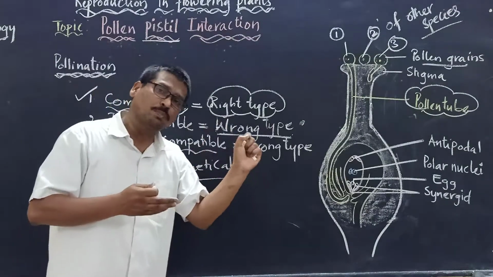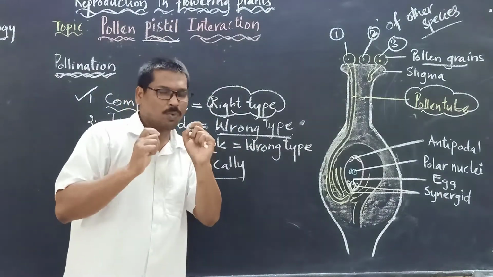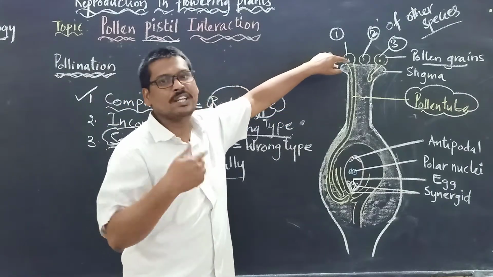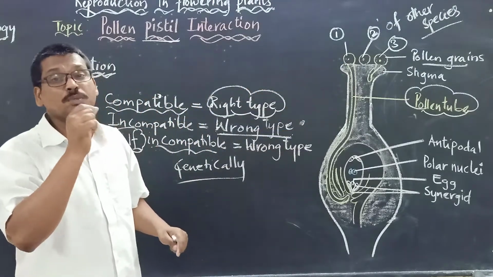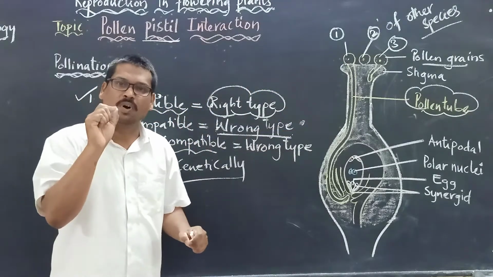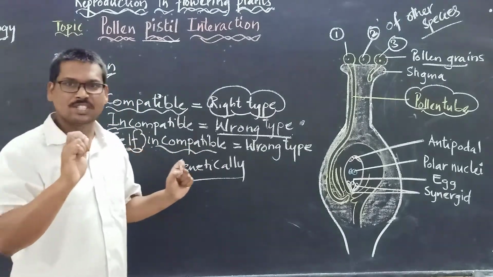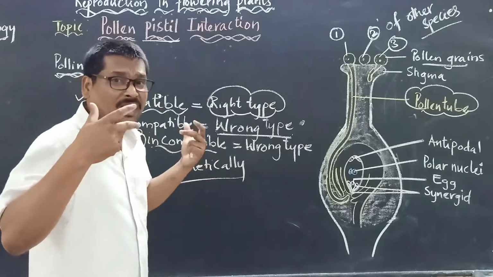When the pistil interacts continuously with the pollen grains, it leads to post-pollination events, that is, to fertilization.